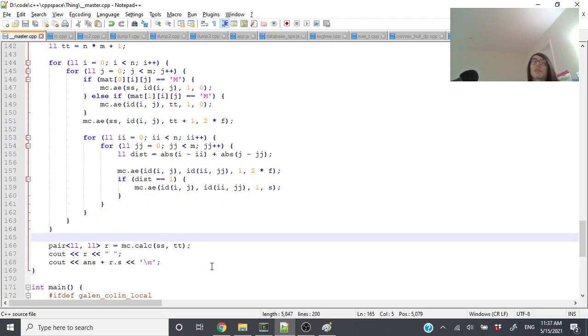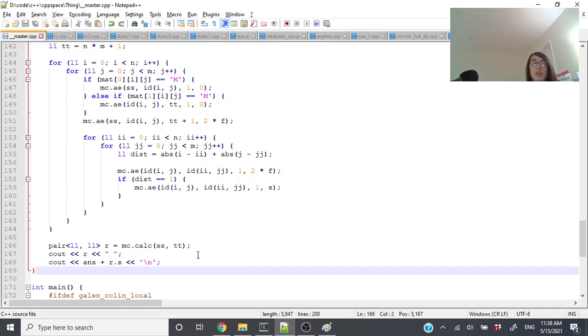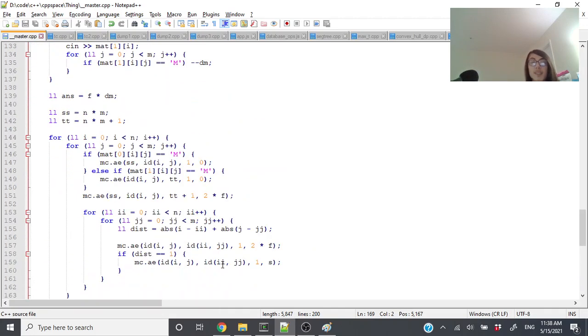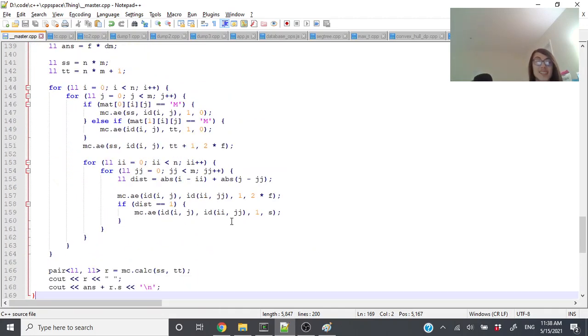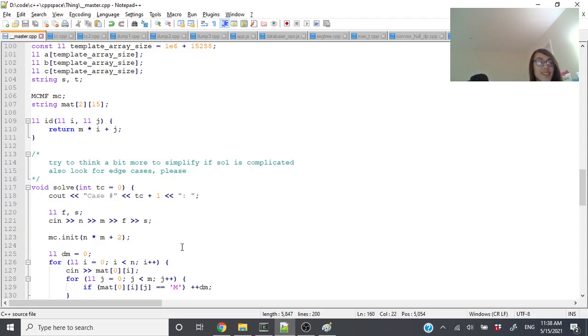Why would the max flow be 3? Why is the cost negative? That makes even less sense. How would this cost be negative? How is it this negative? What am I doing wrong?